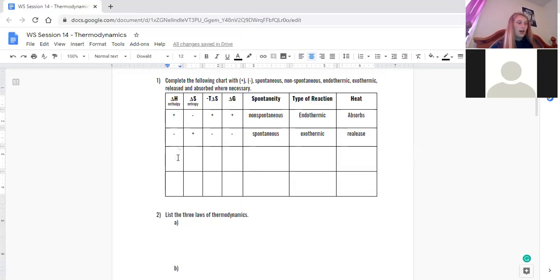So what do you think happens if we have negative H, negative S, and this is positive, but we don't even know what this is?